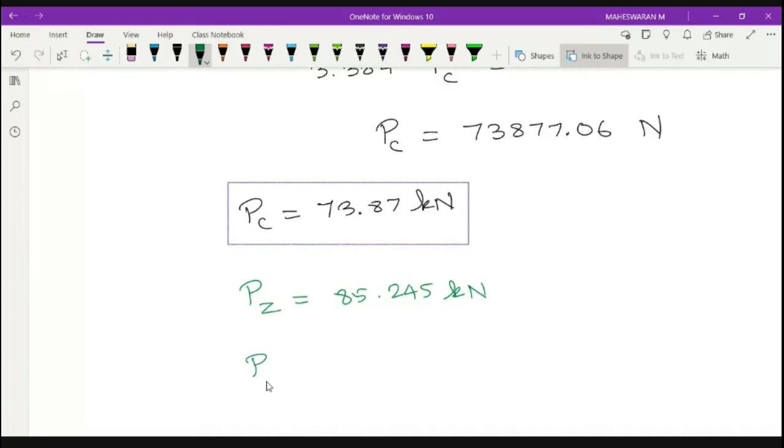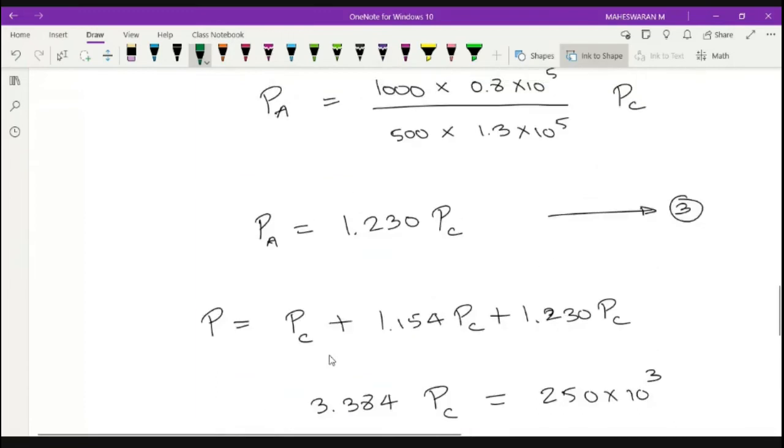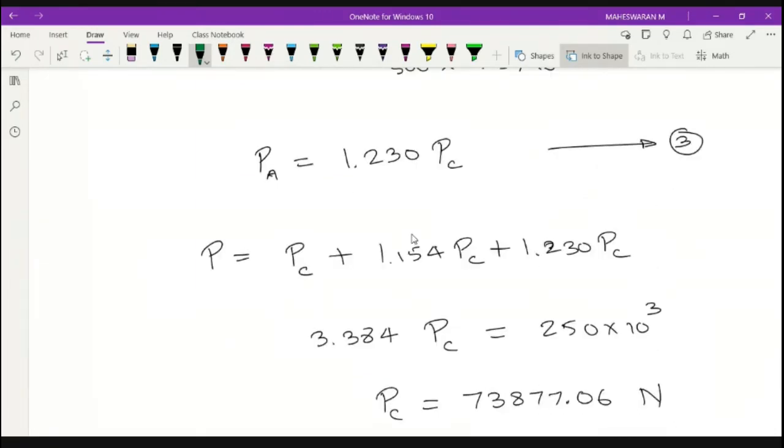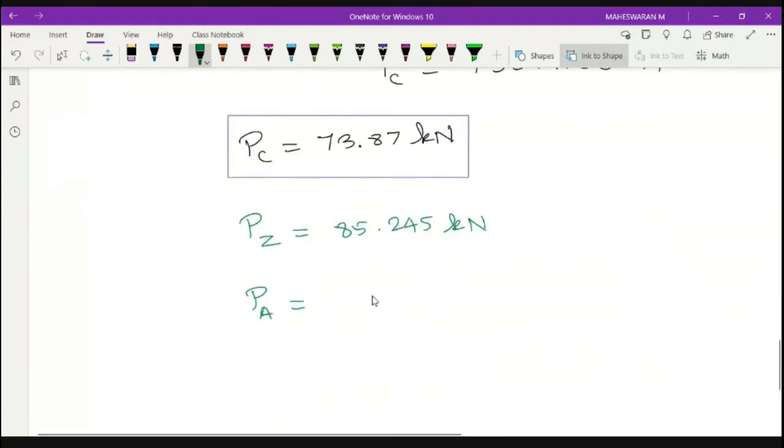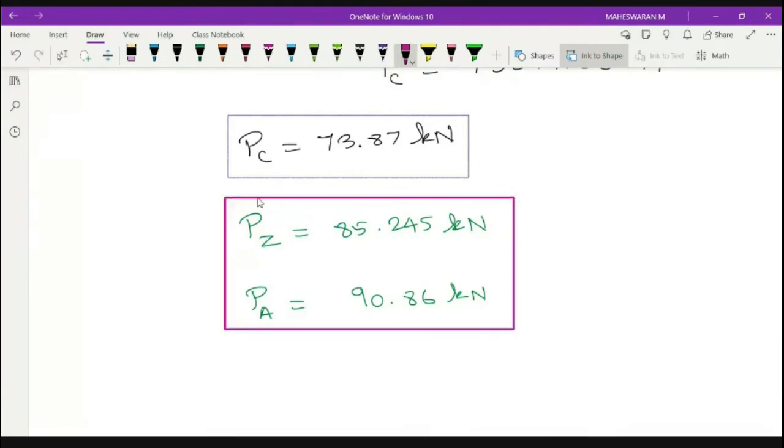Similarly, for PA, I multiply that with 1.23, and you get 90.86 kilonewton. So these are my answers, the load distributed along each bar.